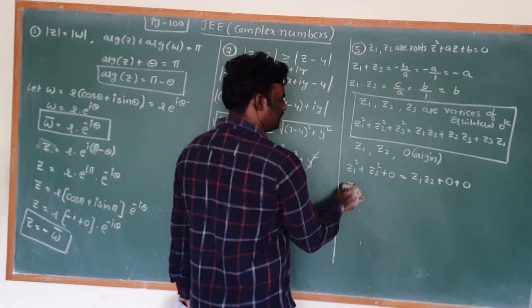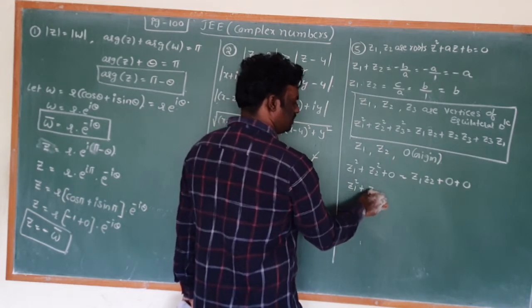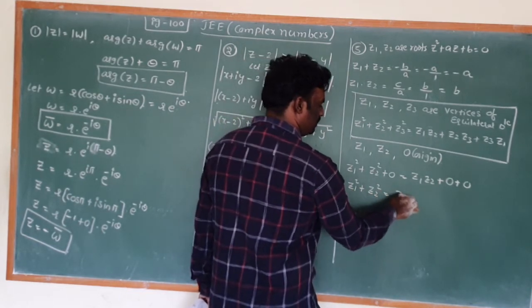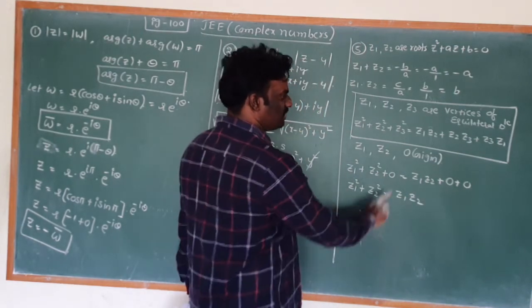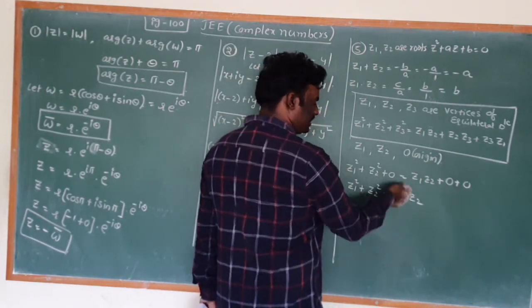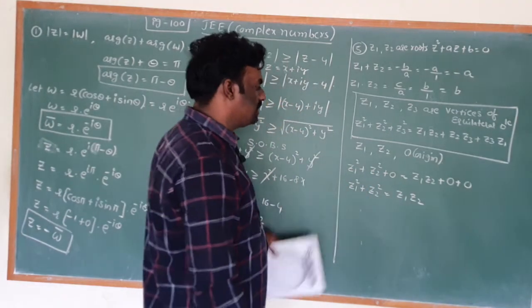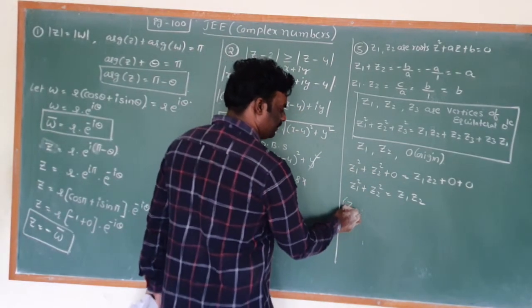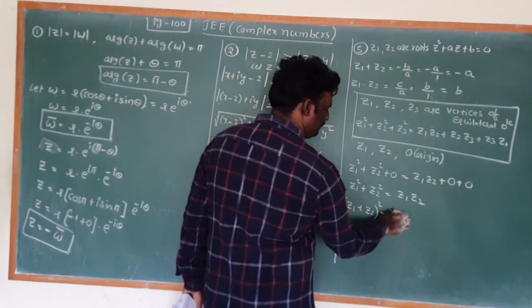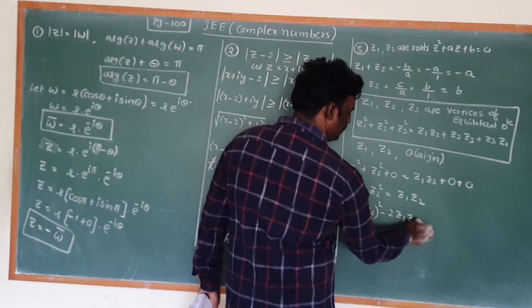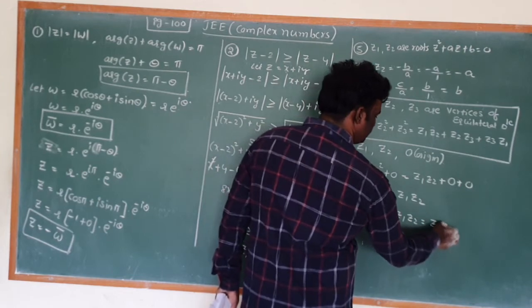Then what we can write? Z1 square plus Z2 square is equal to Z1 Z2. Because in place of Z3 I am substituting 0, we will get this condition. A square plus B square, I can write A plus B whole square minus 2AB. That equals to Z1 Z2.